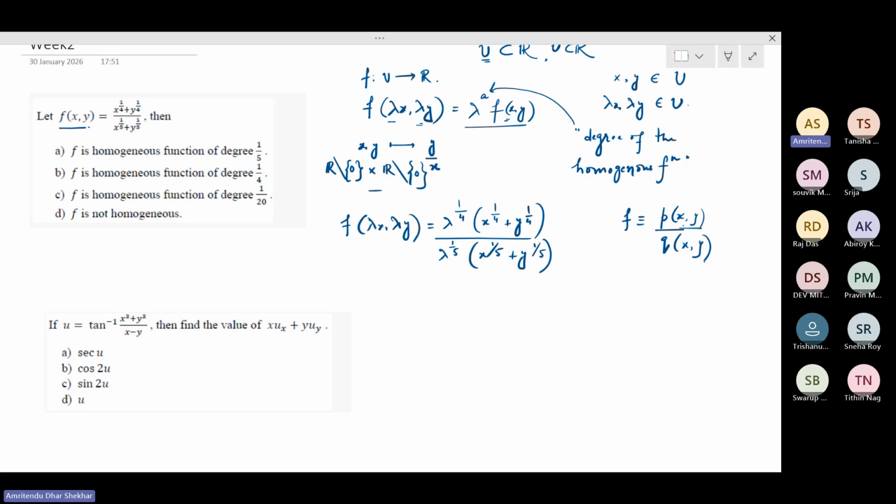Generally homogeneous functions are functions of the form P by Q, where P is a homogeneous polynomial. A homogeneous polynomial is a polynomial in which the individual monomials all have the same degree. An example could be xy squared plus x squared y.